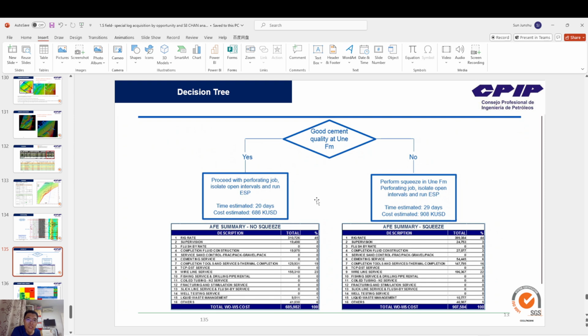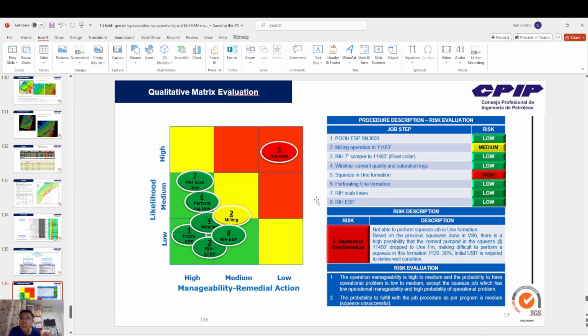If the cement quality is not good, perform a squeeze in Wuni formation, perforation job, isolation of open wells, and run ESP. Total time estimated 29 days. Cost estimated 908,000 US dollars.